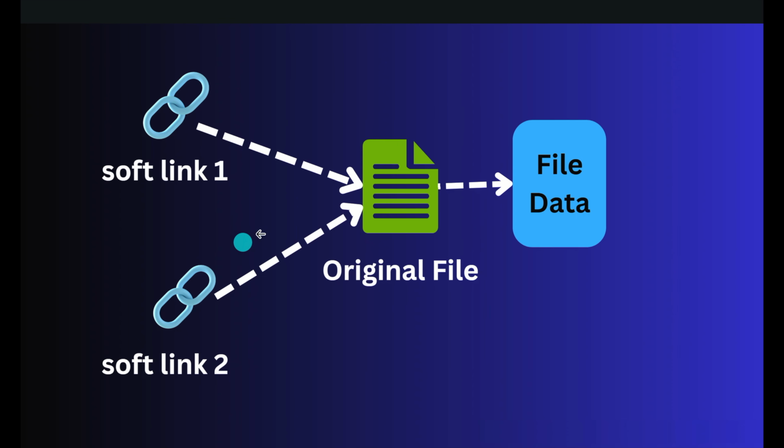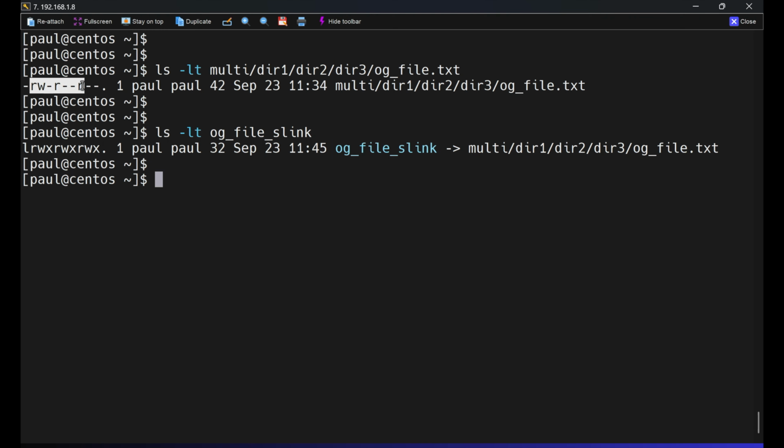The symbolic link is just pointing to the original file but does not store the actual data. That is the reason there is a difference in size, and also the permissions are different and the type of the files are different.